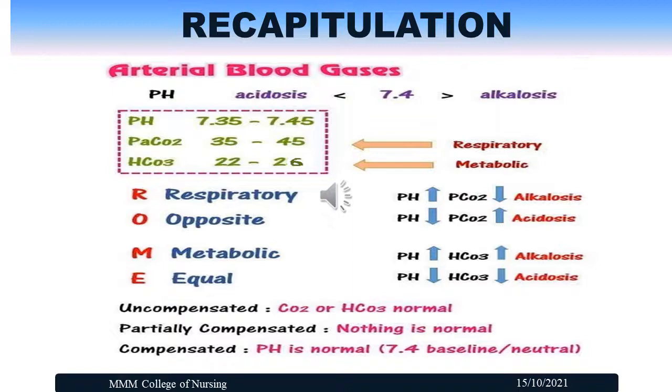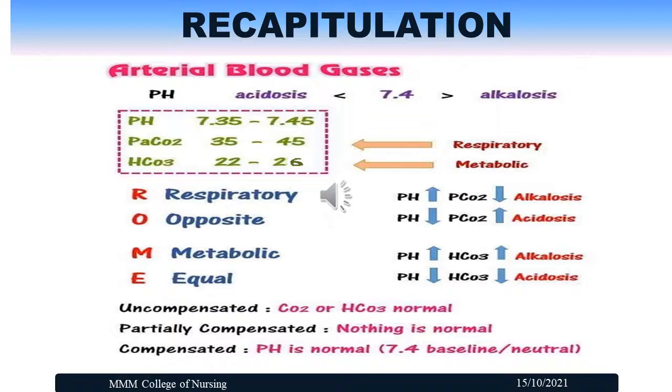The mnemonic ROME reminds that respiratory is opposite, meaning if pH is low, partial pressure of carbon dioxide is high and vice versa. And metabolic is equal, which means both pH and bicarbonate are both high or both are low. Compensated means pH is normal with altered bicarbonate or partial pressure of carbon dioxide.